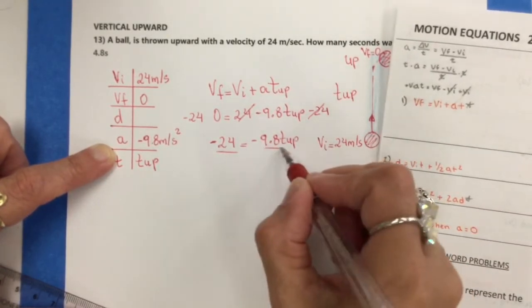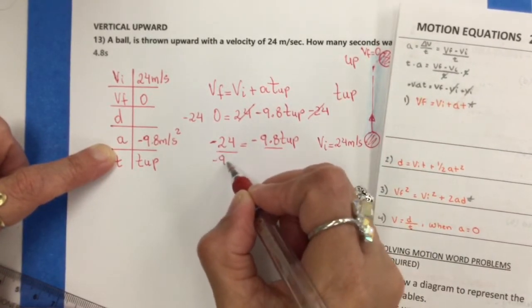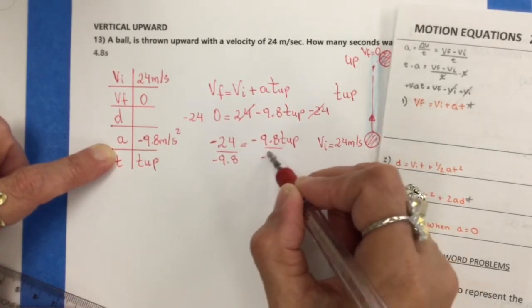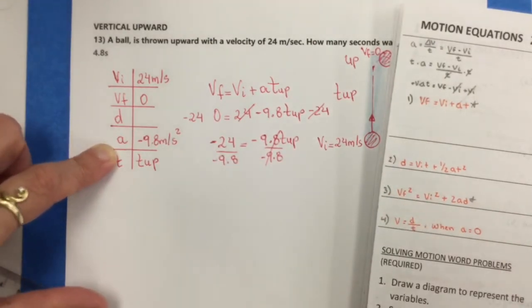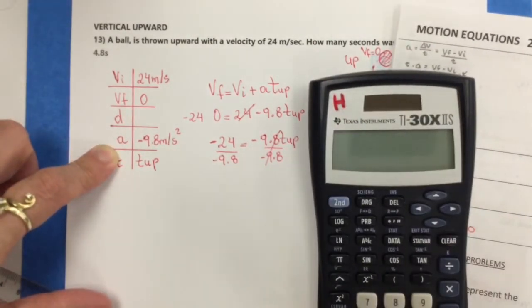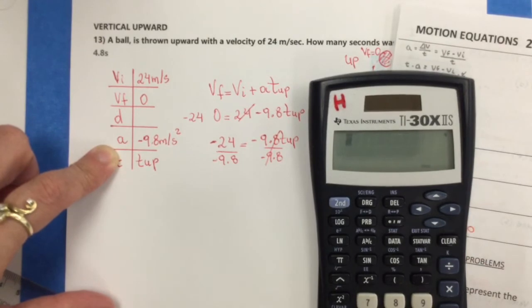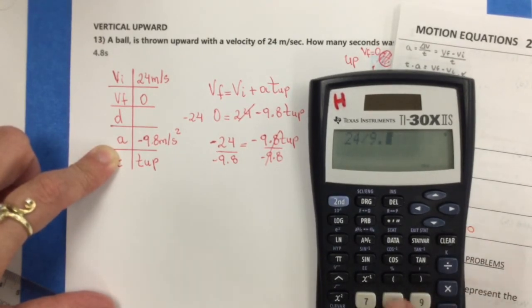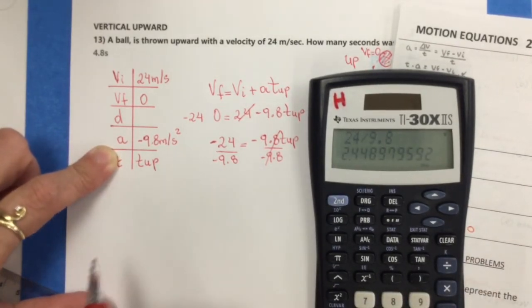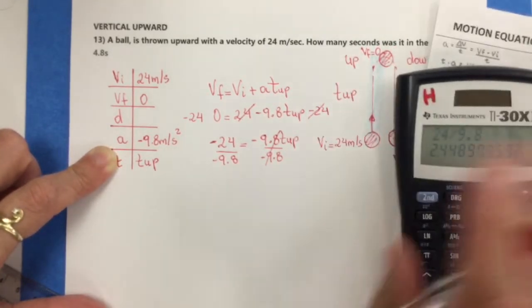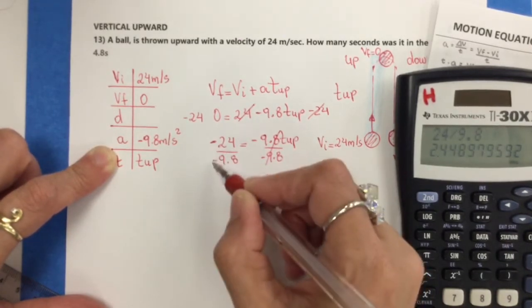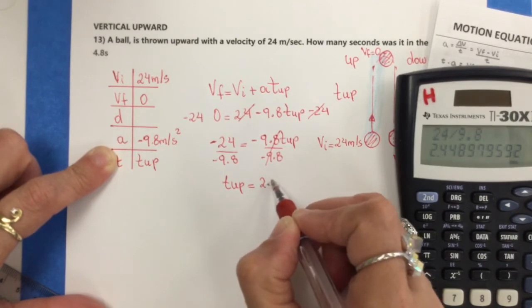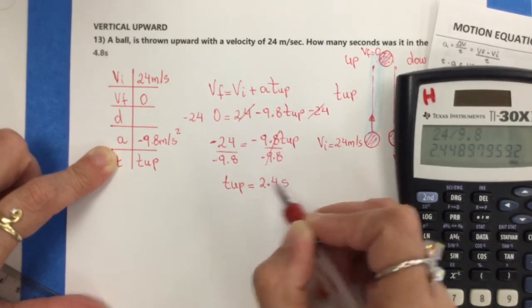Now dividing both sides by negative 9.8, you cancel, and now we have 24 divided by 9.8, which is 2.44. So T up will be positive, right? Positive 2.4 seconds.